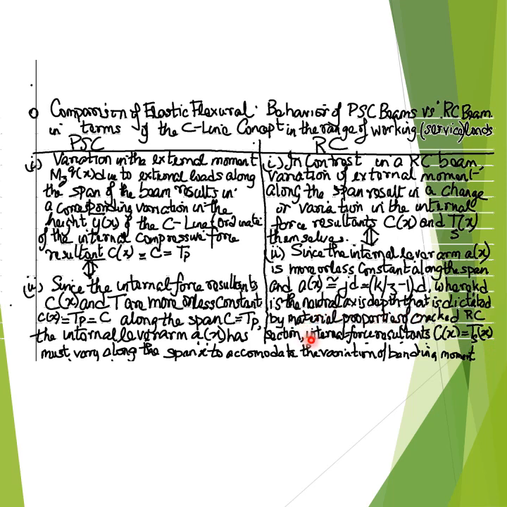The internal force resultants, that is the internal compressive force resultant in the concrete, as well as the internal tensile force resultant, that is the internal tensile force in the reinforcing steel, must vary along the span to accommodate the variation of the external bending moment due to the externally applied loading.